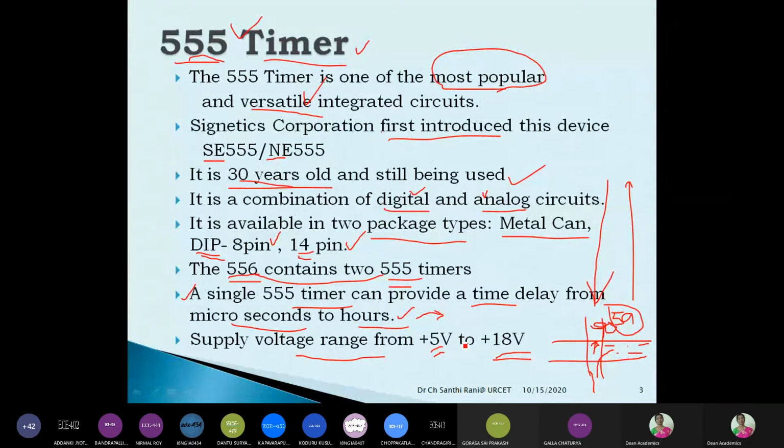It can provide a time delay of a few microseconds to a few hours, and it may count to a few days also sometimes. And the supply voltage required for this IC is from plus 5 volts up to 18 volts.